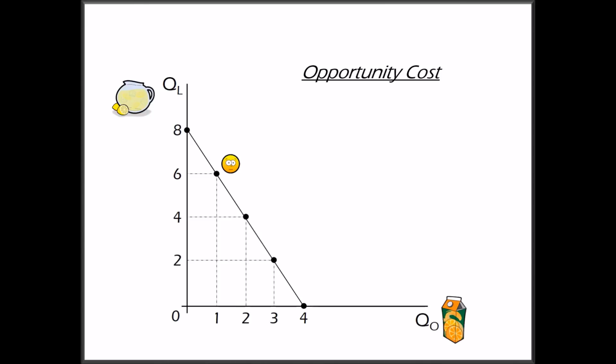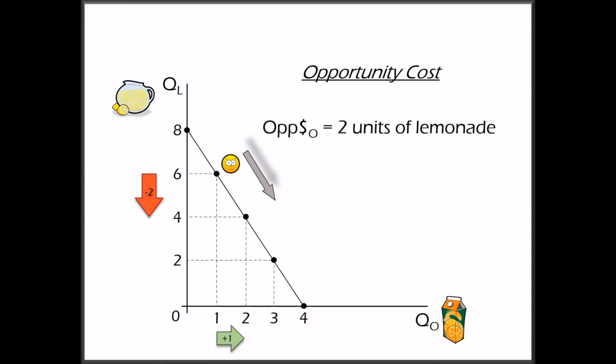If this individual decides for one reason or another to consume 1 more unit of orange juice, an opportunity cost will arise. Ceteris paribus, buying 1 more unit of orange juice will result in losing 2 units of lemonade. As such, the opportunity cost of 1 unit of orange juice is equal to 2 units of lemonade.